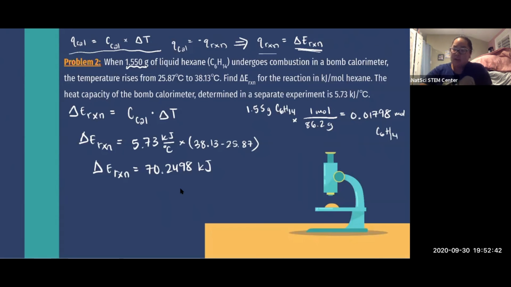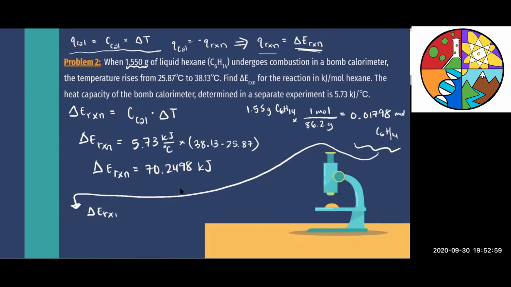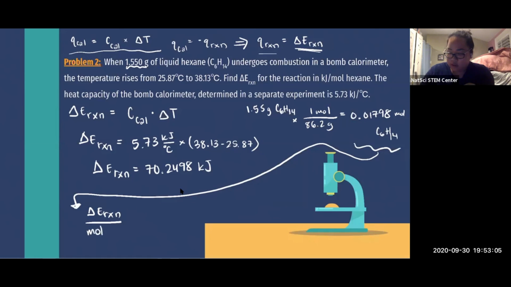From there, you're going to use this information. I'm going to bring it over here and plug it in. You have to divide your change in reaction by your moles of C6H14, because what you are finding is kilojoules per mole.